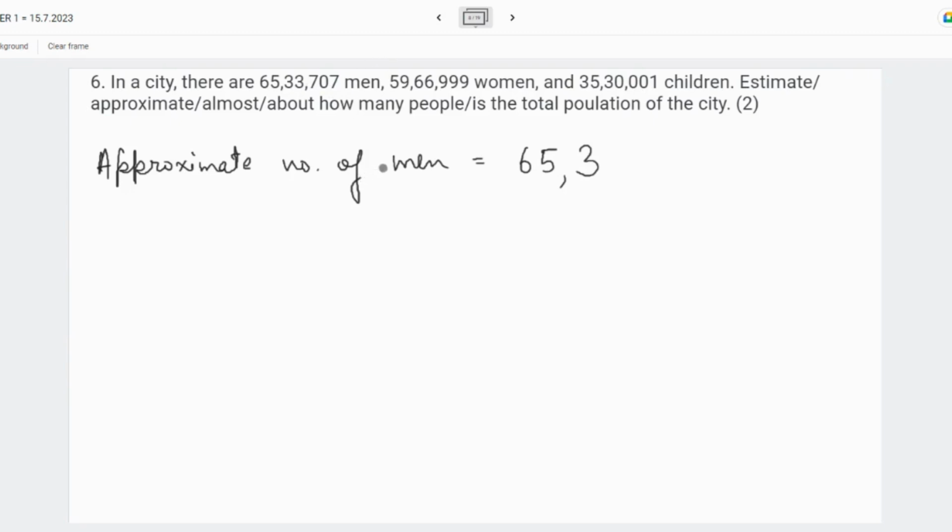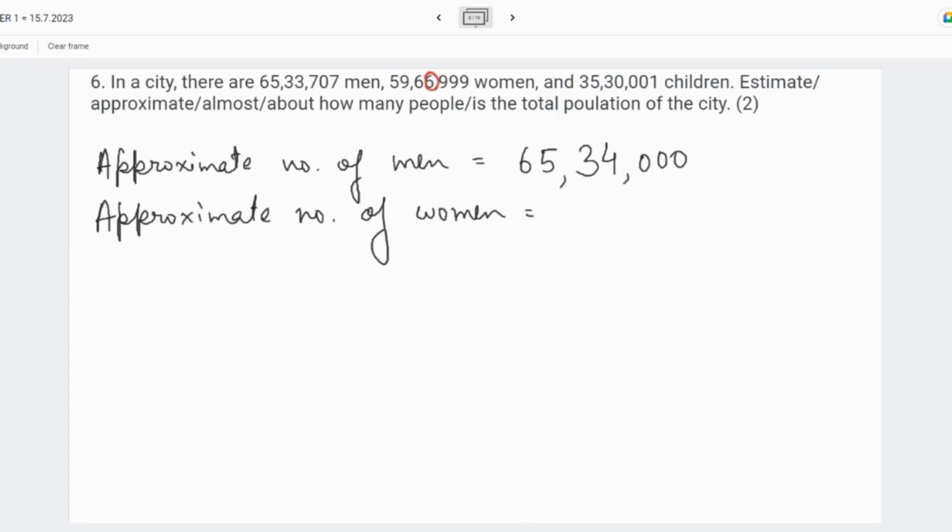See, we will estimate till the place of 1000. As you can see, in the place of 1000 we have 3, but on the right side of 3000 we have 700. So 7 is larger than 5. So I'll add 1 to the 3000, it will become 4000, and the rest of the digits will become 0.